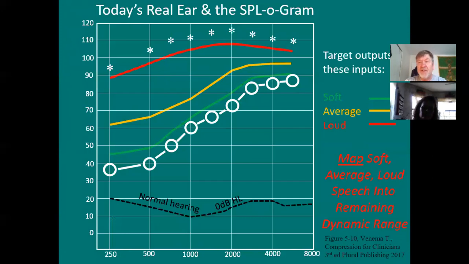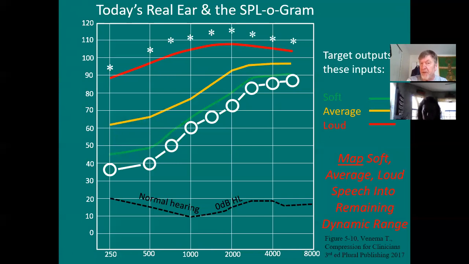And whether it's DSL5 or whether it's NAL-NL1 or NAL-NL2, essentially, this is what they're after. You want to aid soft inputs so they're barely above threshold. Because normal hearing people, I should say, can barely hear soft speech. So why should the person with hearing aids be any different?